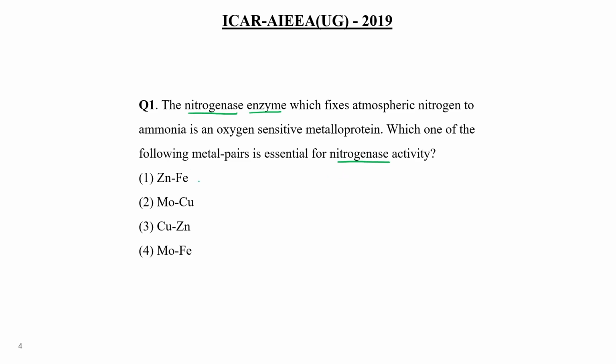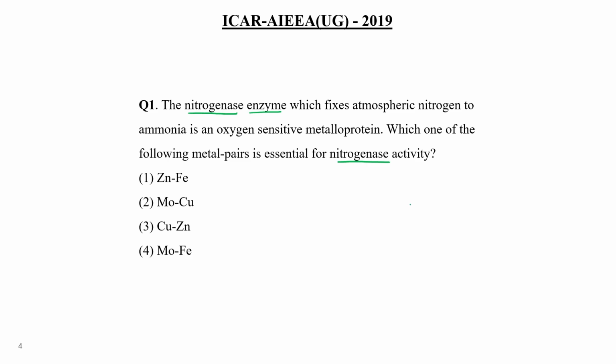Is it iron, zinc, or molybdenum, copper pair, or copper, zinc, or molybdenum and iron? It's a very important question. They have given us 4 different choices. Just take 5-second time and then we will discuss the right answer.